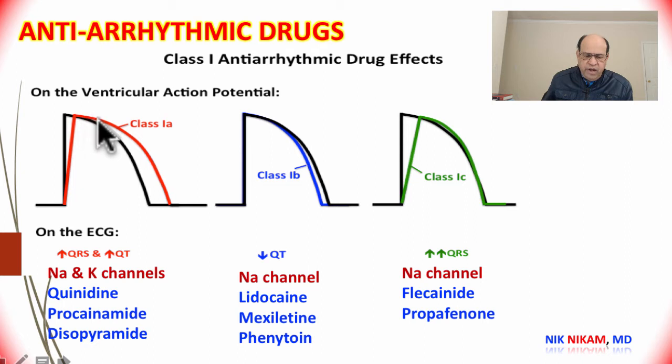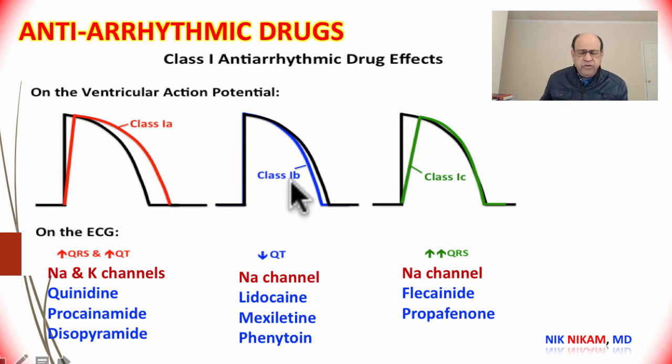They also act on phase 3, which is the repolarization phase, as a result of which they prolong the QRS and the QT intervals. It's a very important concept to remember. The drugs in this category are Quinidine, Procainamide and Disopyramide.